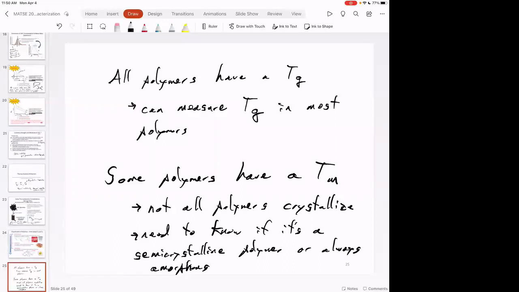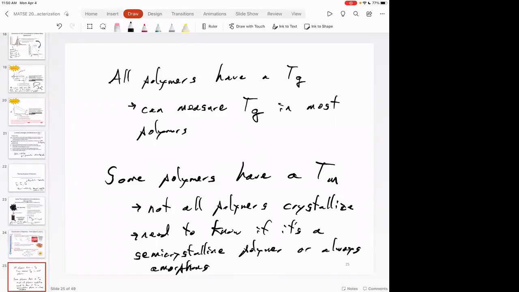High density polyethylene, HDPE, is mostly linear. You can't do a lot with isotactic or atactic polyethylene. It's not defined because it's not a chiral polymer. High density polyethylene crystallizes great. If you make branched polyethylene, which is called low density polyethylene, or linear low density polyethylene, it crystallizes to a much lower extent because branches don't allow crystallization.